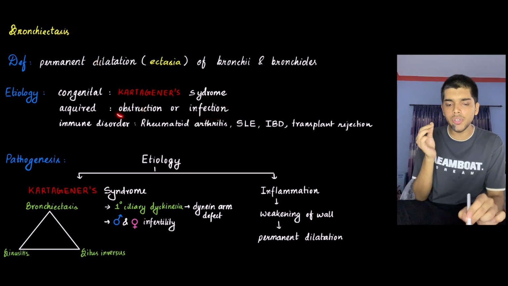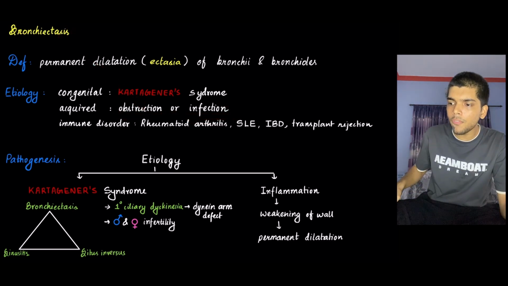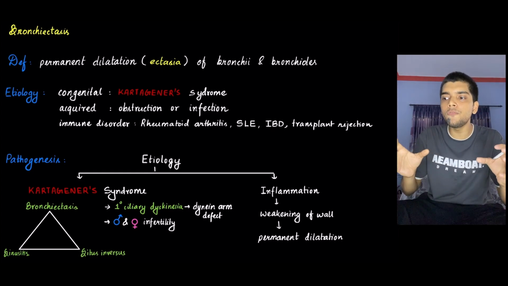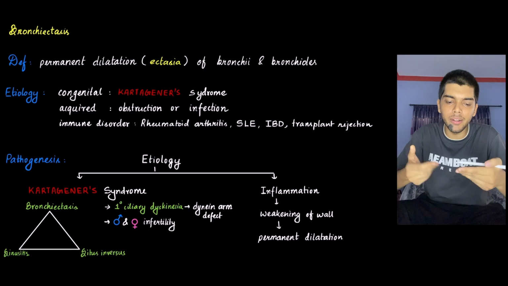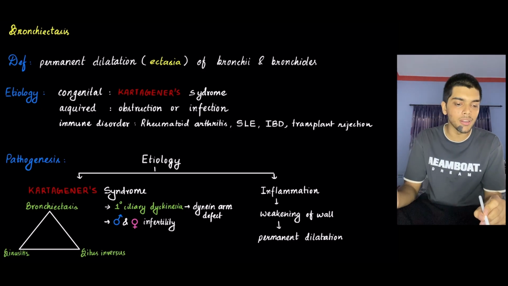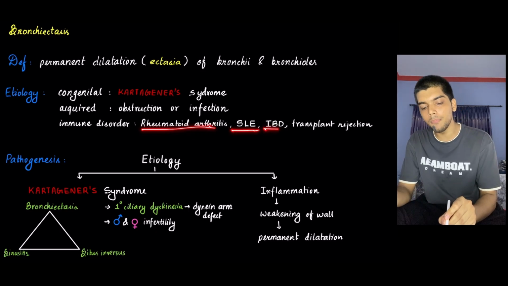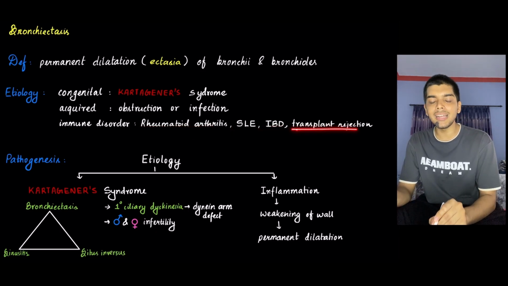Obstruction can be due to formation of a tumor within the tube, or compression from outside. Infection is infection. Number three, immune disorder like rheumatoid arthritis, SLE, inflammatory bowel disease, or lung transplant rejection.